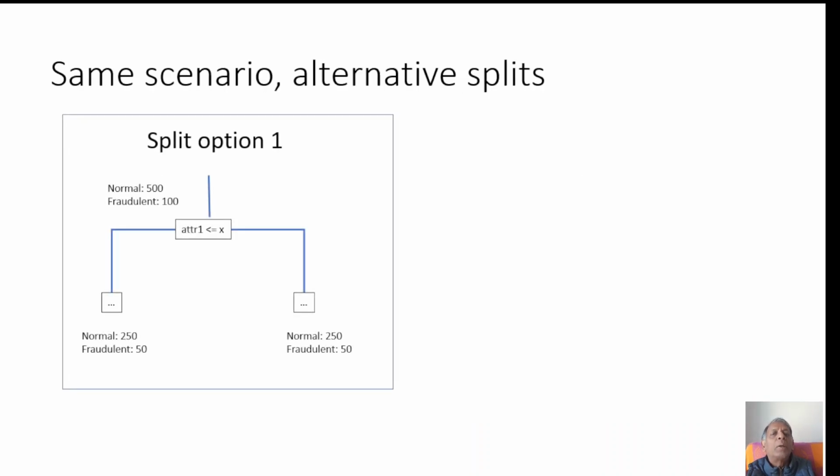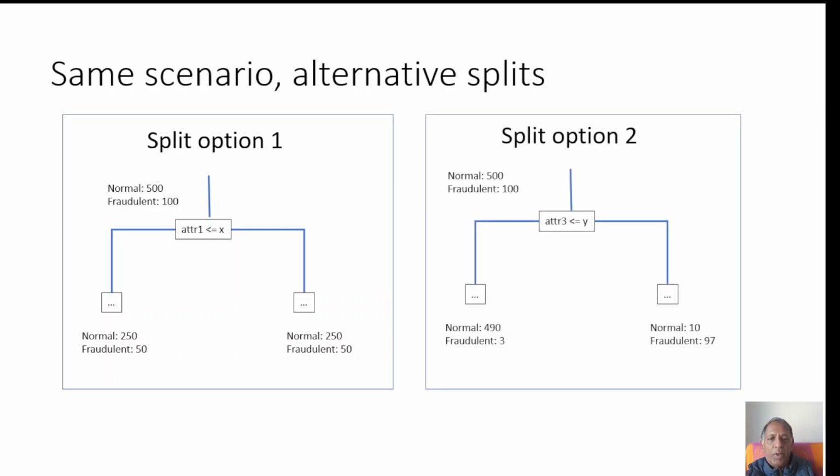Let's apply this understanding to the earlier example we considered. Remember we said this split is completely useless, this split is pretty good. So we would expect that the Gini index for this should be very low, because remember 0 means completely pure. So this should be much closer to 0 than this is. Let's do the computations.